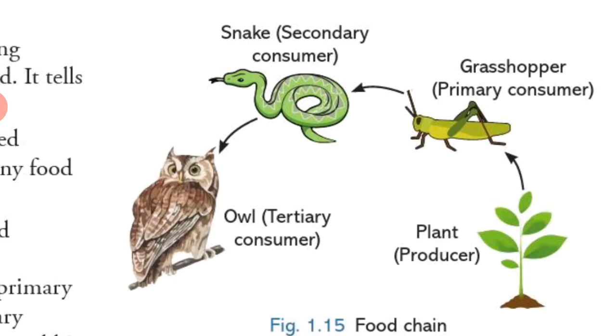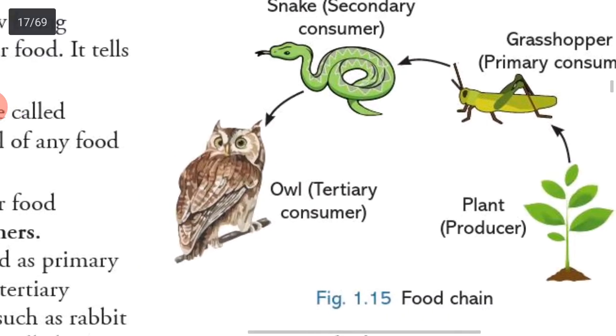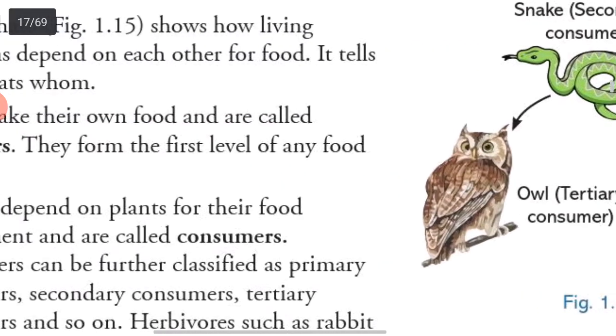Plants will be eaten by grasshoppers. Grasshoppers will be eaten by snakes. Snake will be the secondary consumer, and the next consumer can be an owl, the tertiary consumer. Okay, food chain, let's discuss it.